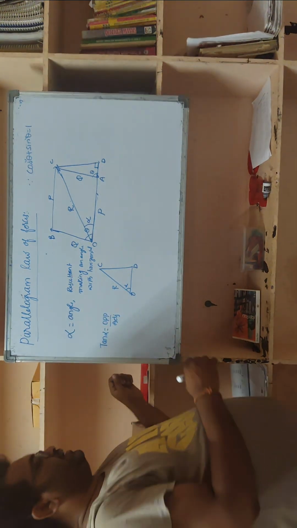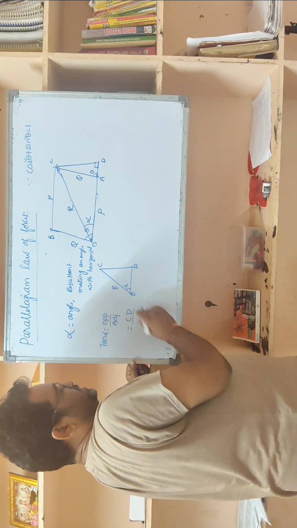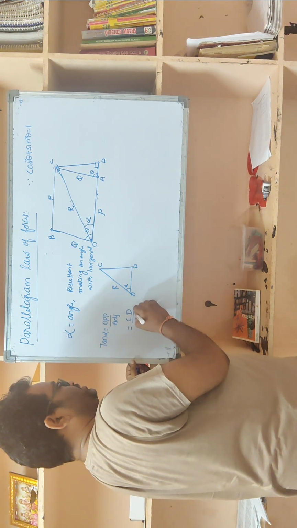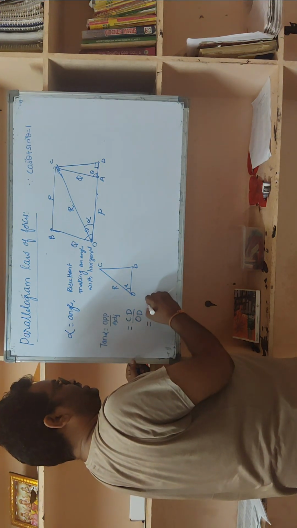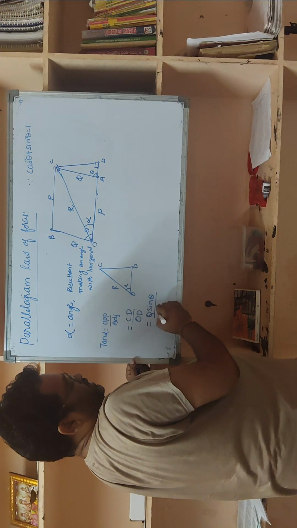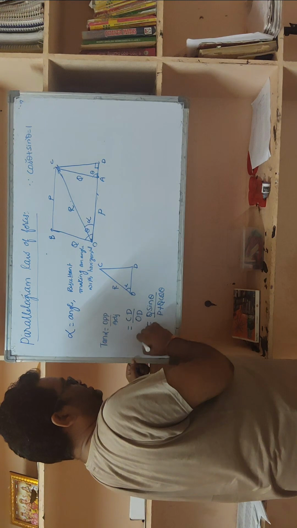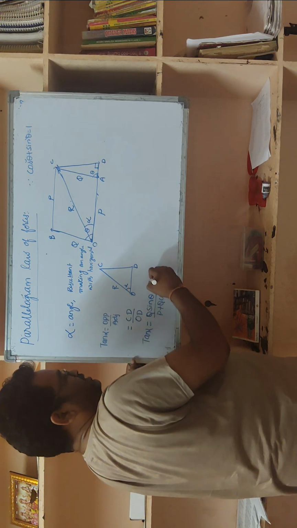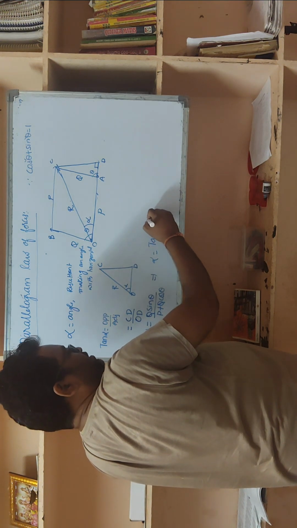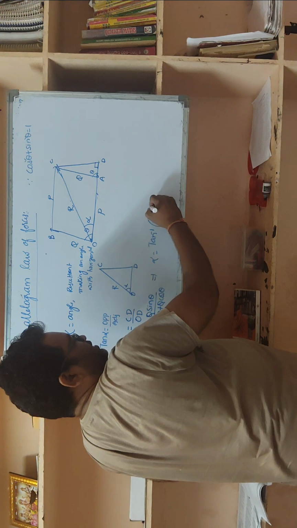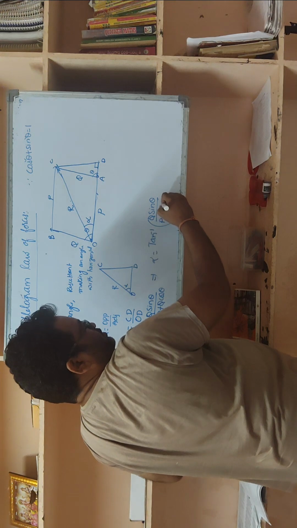Opposite side is CD and adjacent side is OD. We already know that CD is Q sin theta and OD is P plus Q cos theta. That is tan alpha. That means alpha is equal to tan inverse of Q sin theta by P plus Q cos theta.